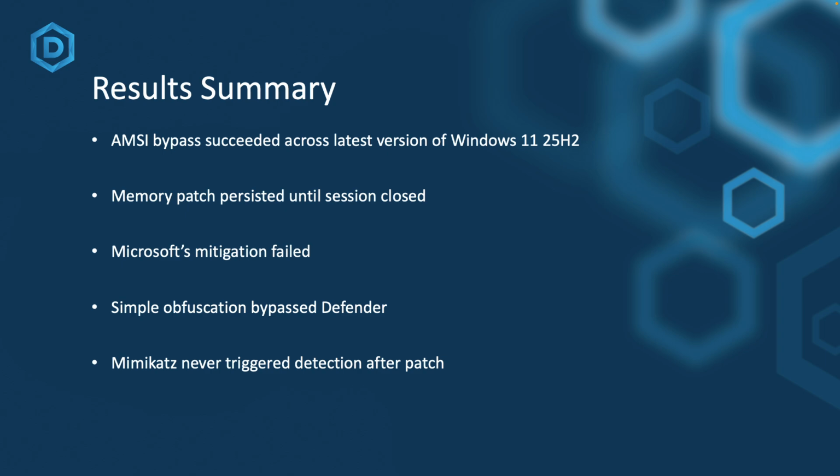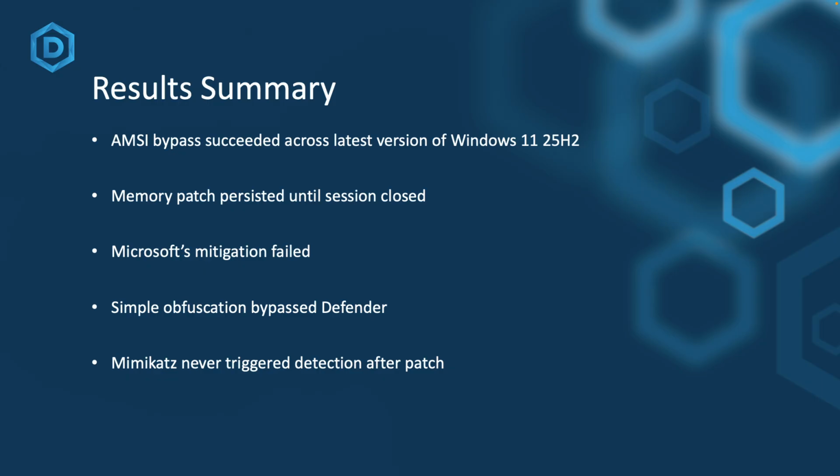So for our results, we saw that the AMSI bypass was able to succeed across the latest version of Windows 11 25H2. Initially, when I tested this, I started with 23H2 and continued updating it.